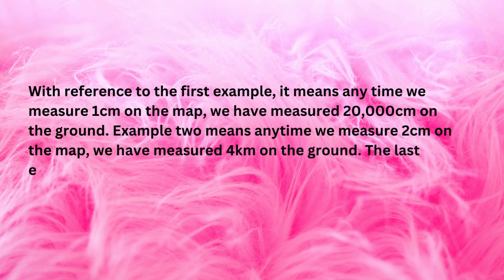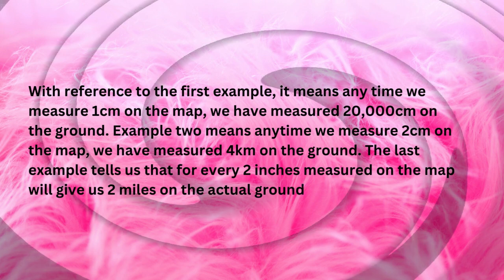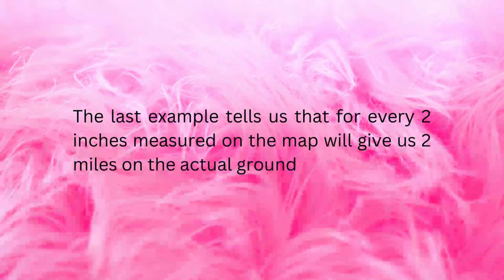Example 2 means anytime we measure 2 centimeters on the map, we have measured 4 kilometers on the ground. The last example, 2 inches to 2 miles, means every 2 inches measured on the map will give us 2 miles measured on the ground.